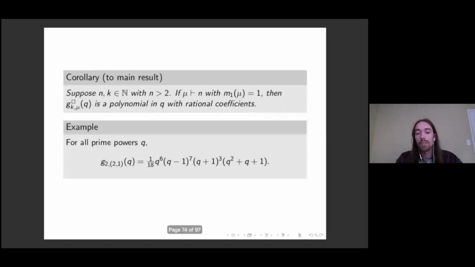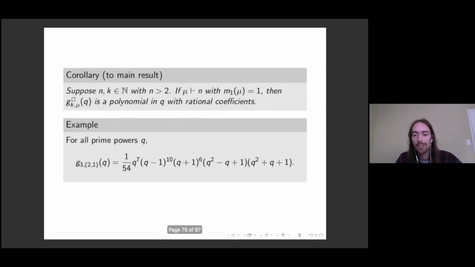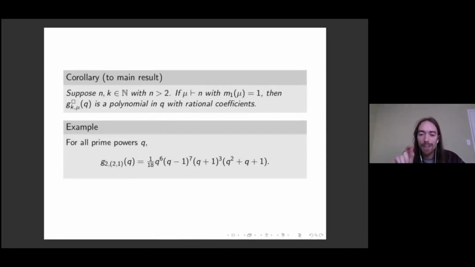So for example, you could just write down some values. You might start looking at this and say, okay, maybe there are cyclotomic factors except for the q. Turns out, sadly, you might think that aside from the q and the q minus 1, everything is q-numbers, like a q-analog of 1, q-analog of 2, q-analog of 3. Unfortunately, not the case.